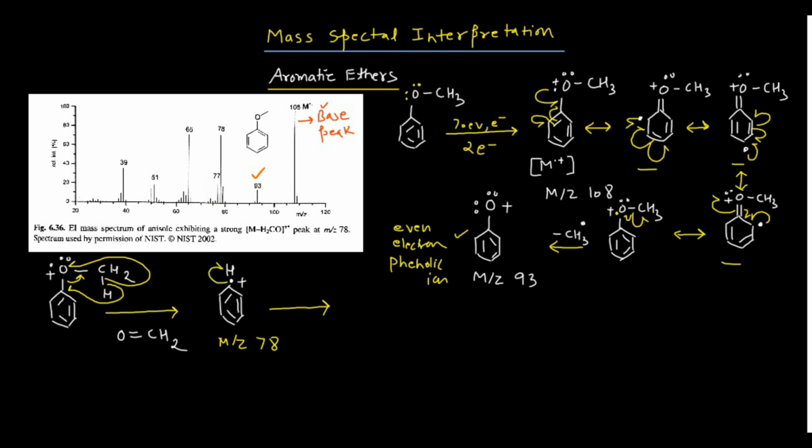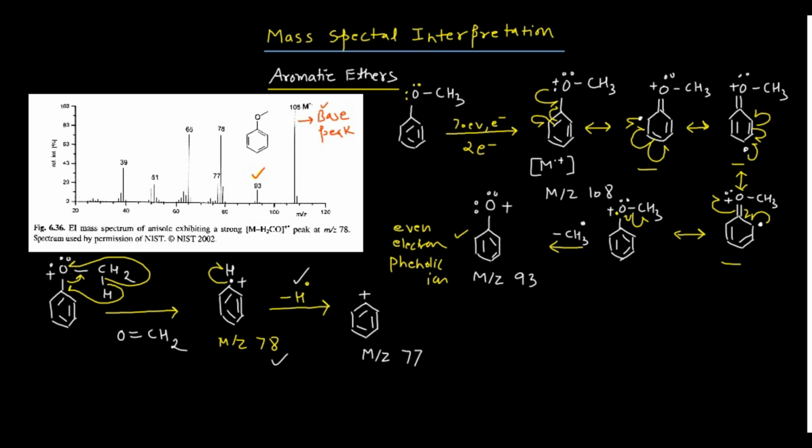That means you have removed a hydrogen radical. So what are you left with then? Okay. So you are having this benzene ring. Fine. And a positive charge over there. Since you have removed one hydrogen from here, 78 minus 1 will give you 77. So it is basically your M by Z 77.